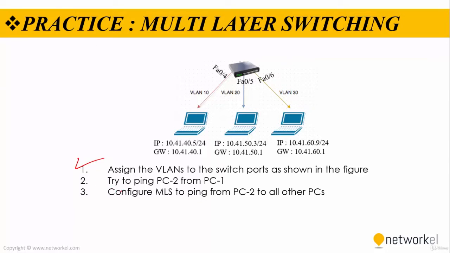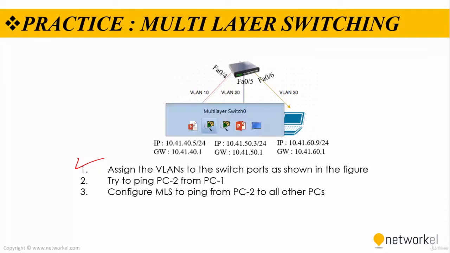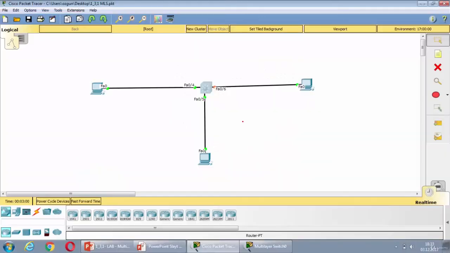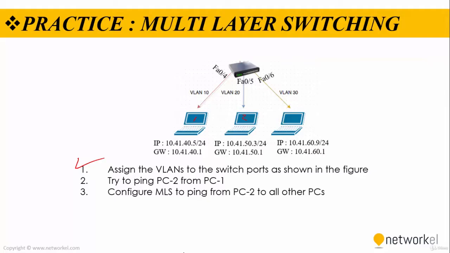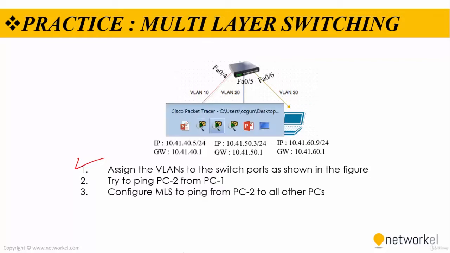Let's try to ping PC2 from PC1. This is PC1 and this is PC2. Okay, I'll go to PC1, and I'm gonna ping 50.3.